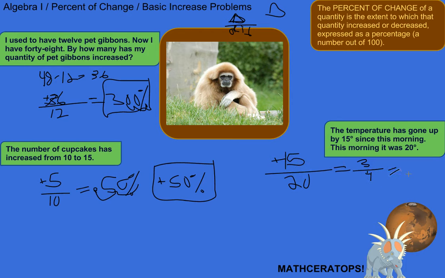And then 3 divided by 4 is 0.75. If that's hard to see, just do it on the calculator, if you're allowed to use a calculator. If not, sorry, you can do it by hand. Then to turn it into a percentage, we move the decimal 2 places to the right. So this percent increase of temperature would be 75%.